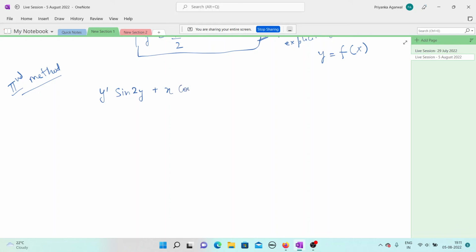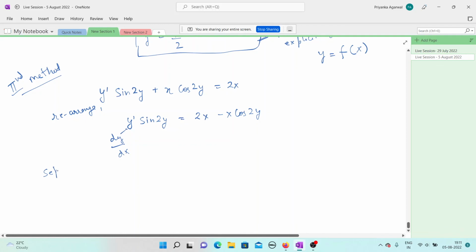So this is the given differential equation, y prime sin 2y plus x cos 2y equals 2x, and you just rearrange, and what you will get is y prime sin 2y equals 2x minus x cos 2y. You can see simply that y prime is dy by dx, and now you can use separation of variables here.